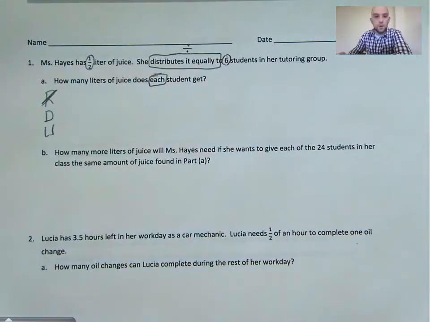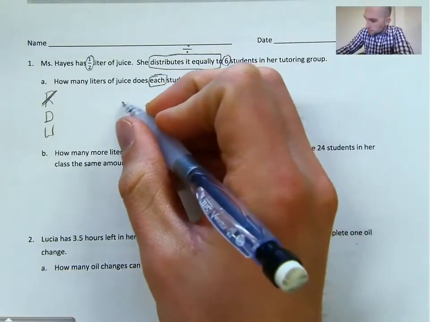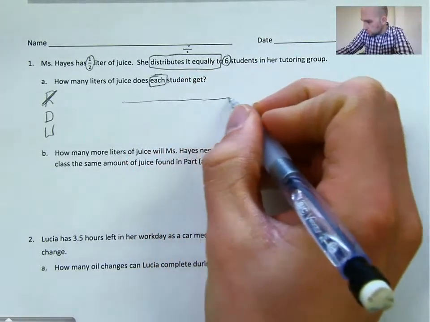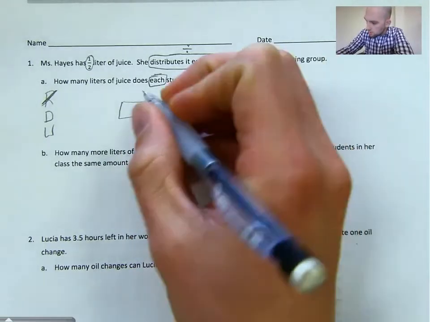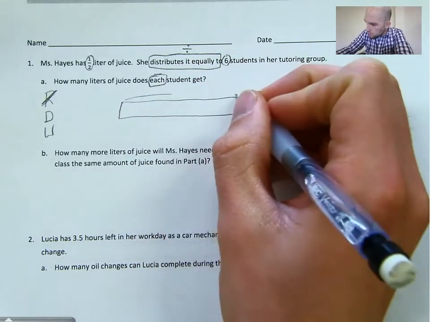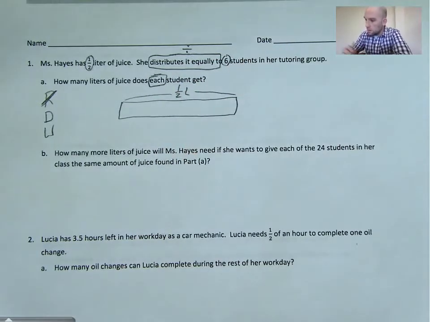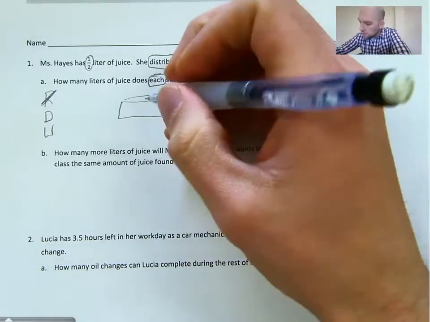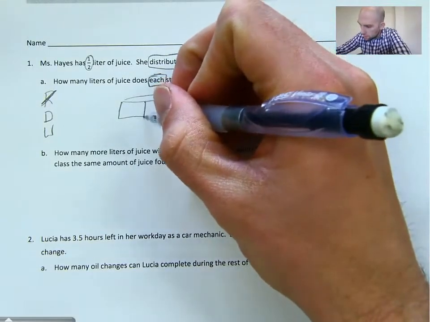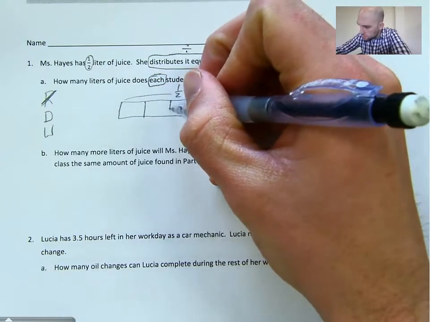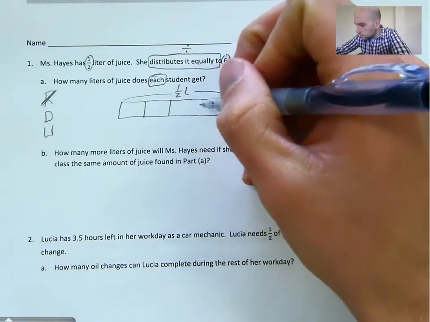So to draw, we're going to make a tape diagram. And this whole tape diagram here is going to be a half liter. And there are 6 students.